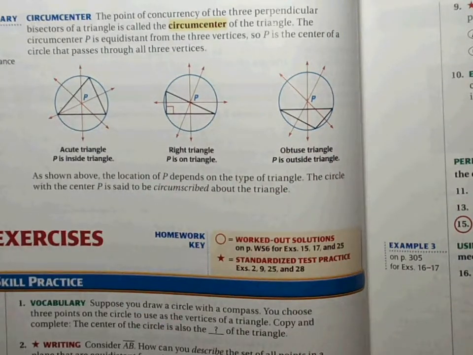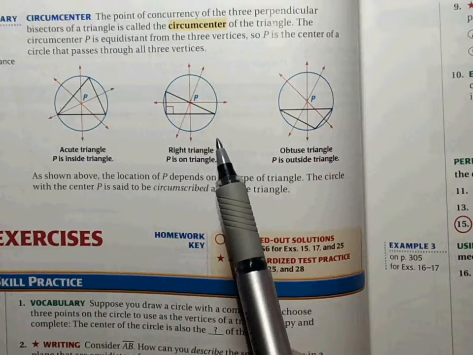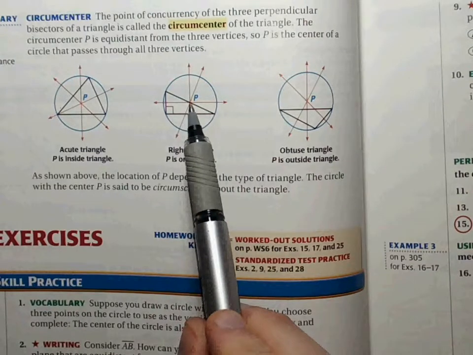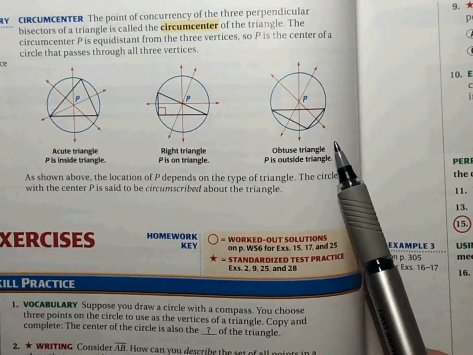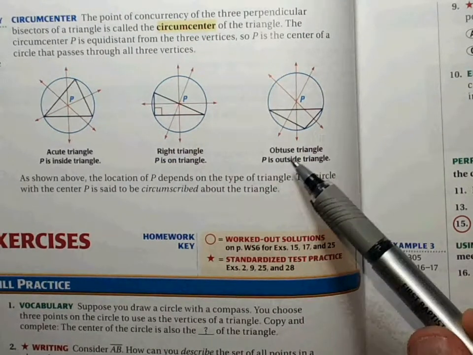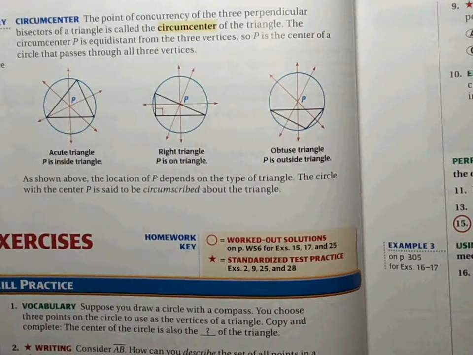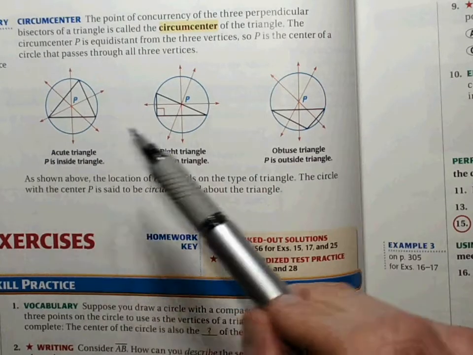If we were to have a right triangle like this, you would notice that the circumcenter is on the hypotenuse. If we were to have an obtuse triangle, you would notice that the circumcenter is on the outside of the triangle.